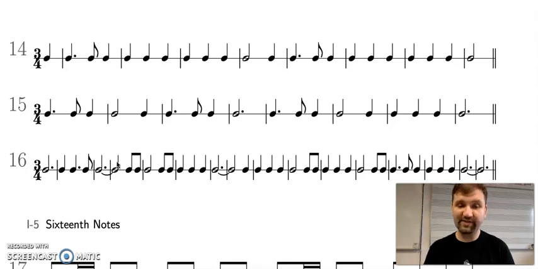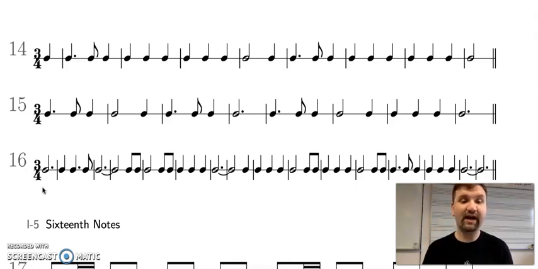So we see we have a tie here, we have a tie here, those are both completely identical, and then we have a tie here. In this case, it's a dotted half note plus another dotted half note, or 3 plus 3, for a total of 6 beats.